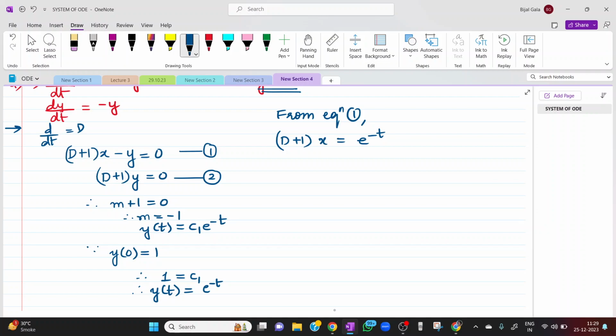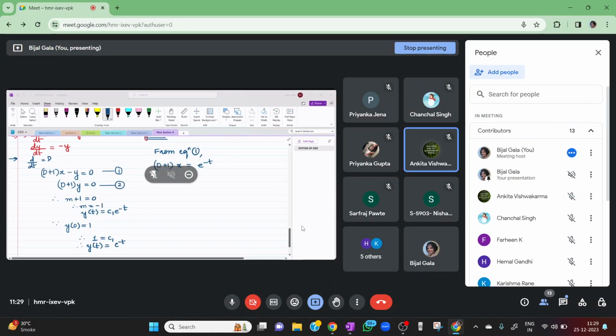Okay, how will you solve this further? Anyone? How do you solve this further? Auxiliary equation is in here.